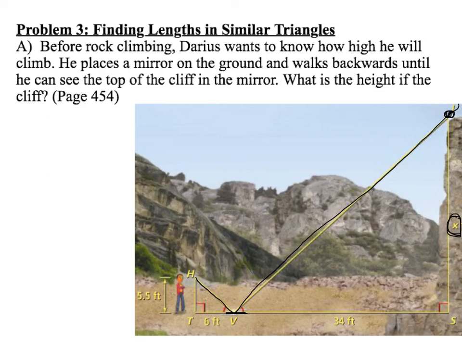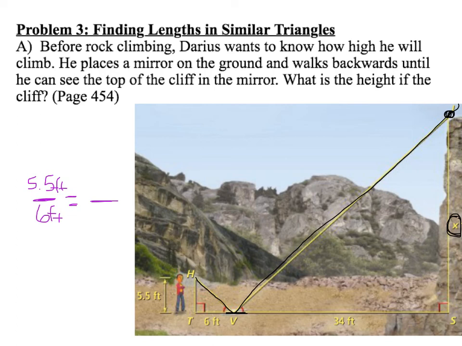So we're going to set up a proportion, and the key is that we just need to go in order when we're setting up our ratios. I'm going to take the height of Darius, 5.5, over the distance he is from the mirror, so over 6. Both of these are in feet.